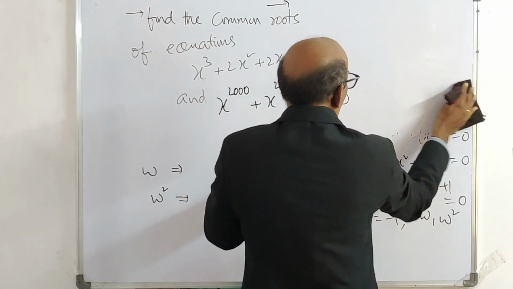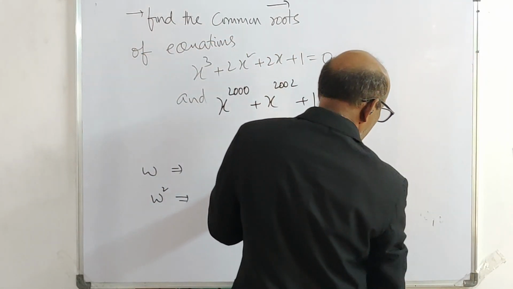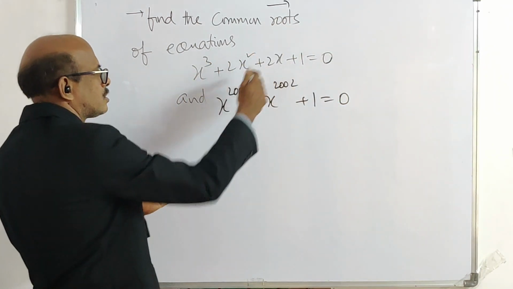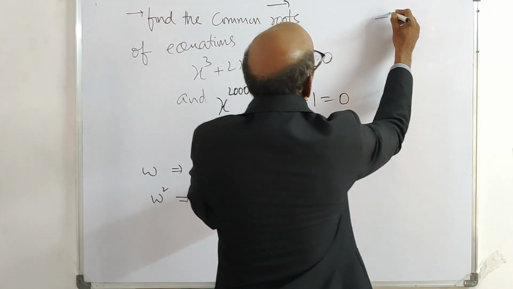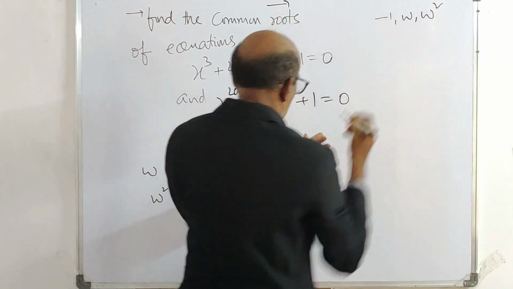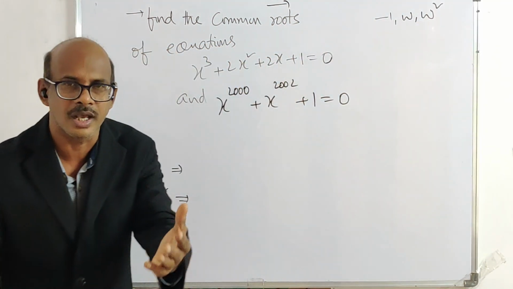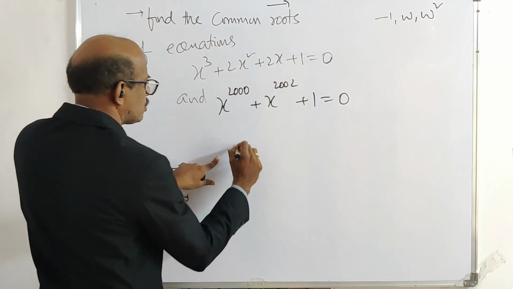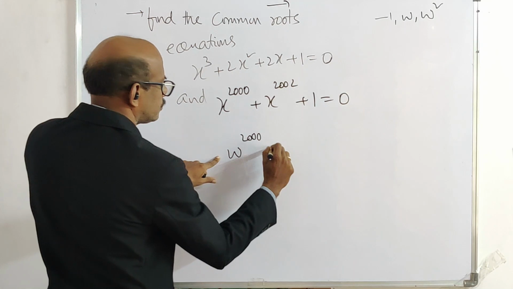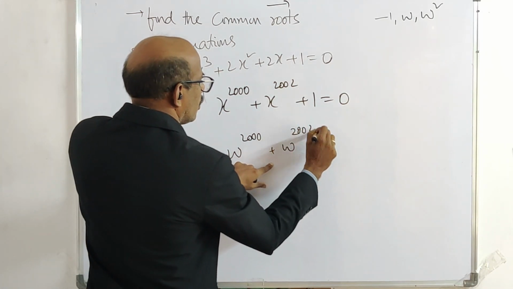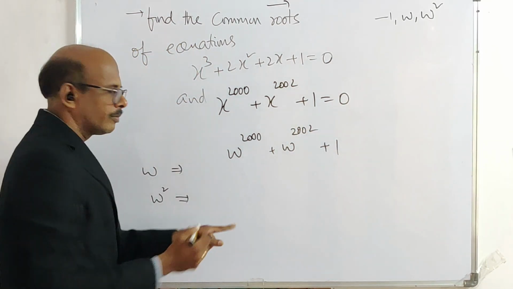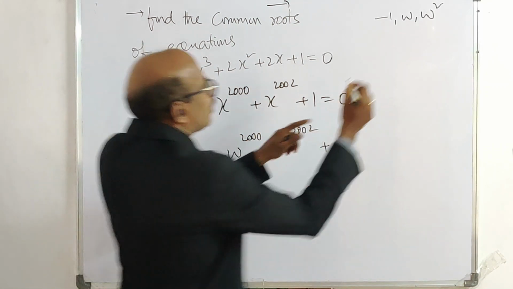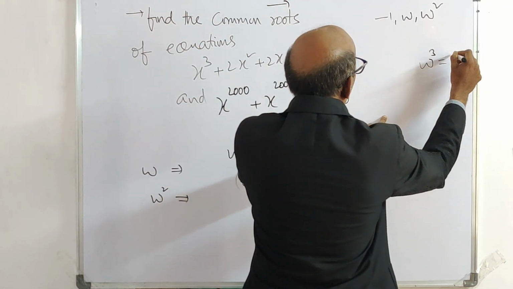Now we are going to check the remaining two roots. Already we received minus 1, omega, omega square. Now I am going to cross check whether omega satisfies this or not. Suppose I put it like this. I am checking. It will be omega cube to multiples of 3, by knowing the standard result omega cube is 1.